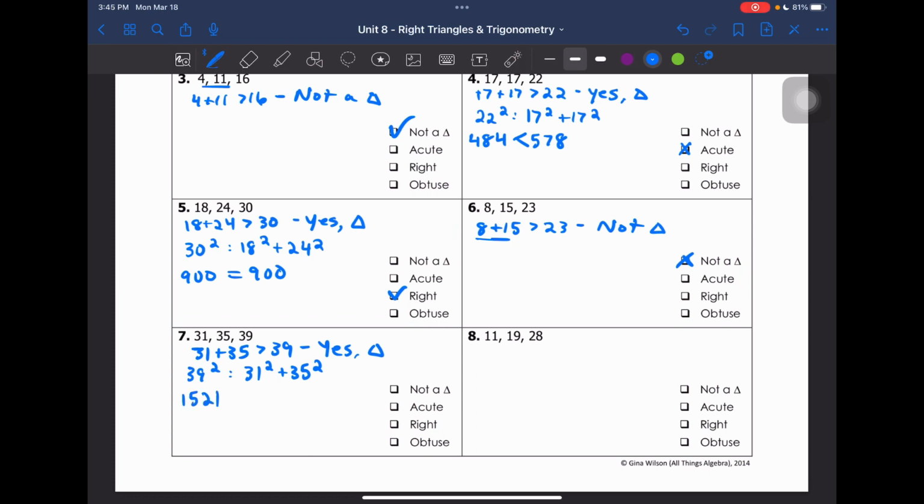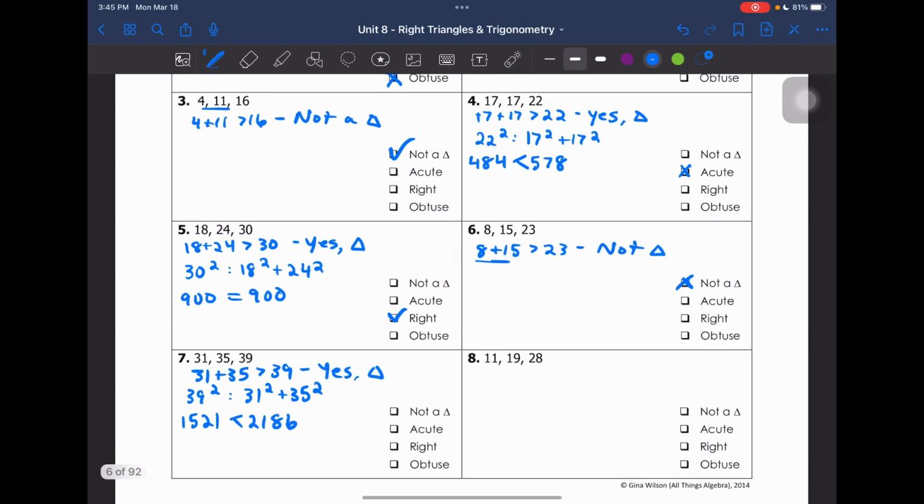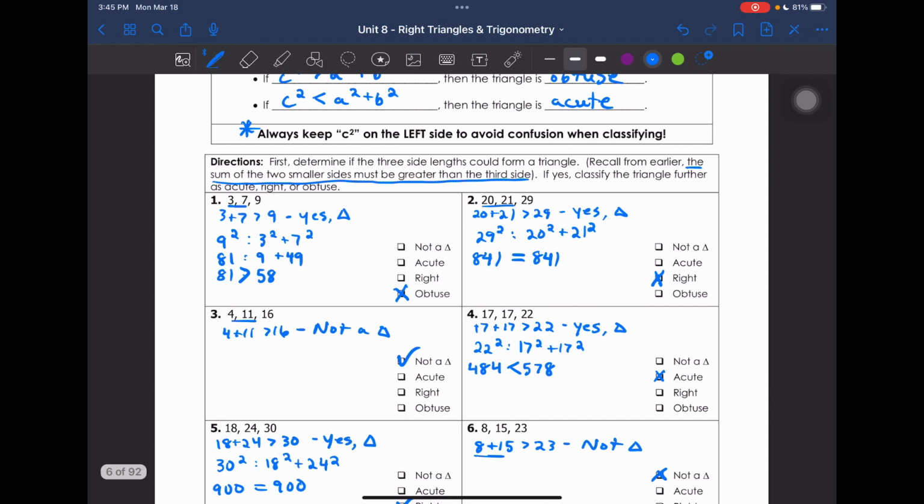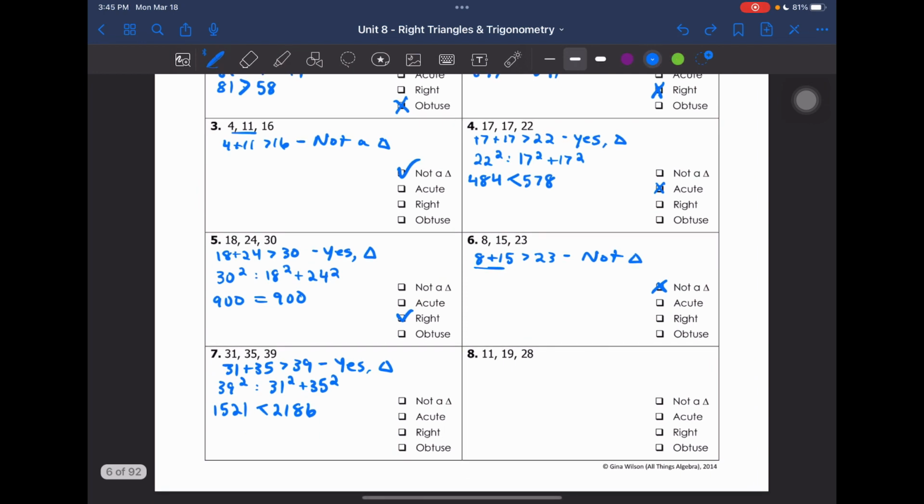And then if you just type the rest in your calculator, 31 squared plus 35 squared, that's going to give you 2,186, which is greater than 1,521. So our c squared ended up being less than 2,186. And if c squared is less than, then you have an acute triangle. So this is an acute triangle.